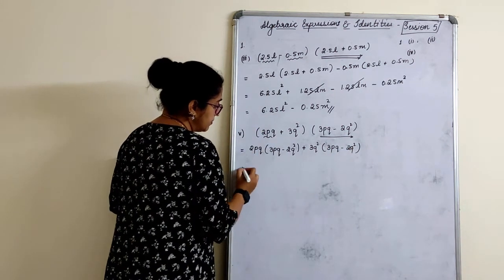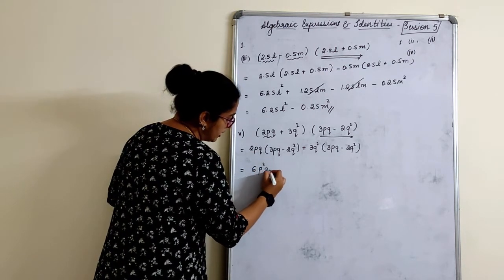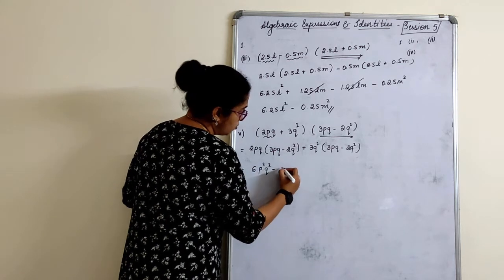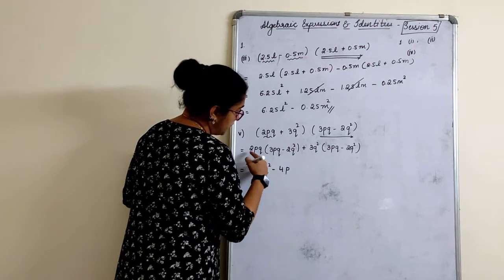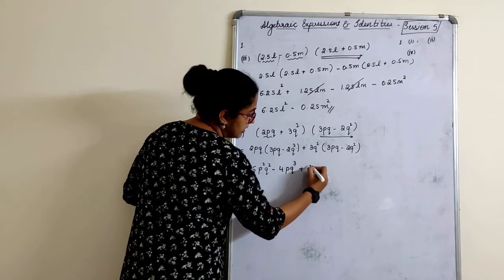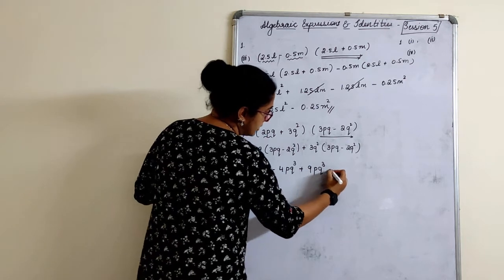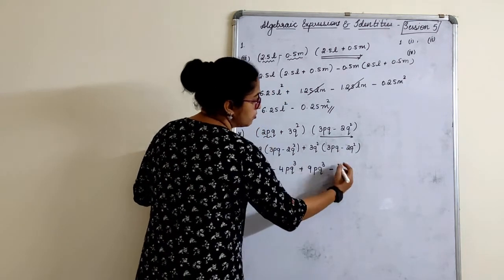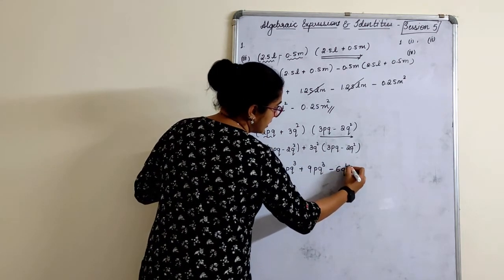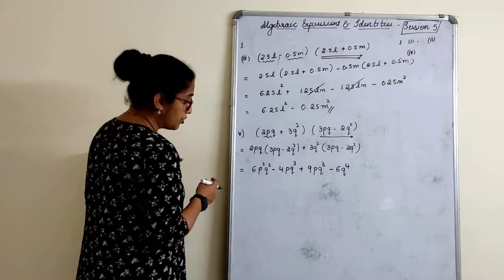So multiply this. 2 3s are 6P square Q square, 2 2s are 4PQ raised to 3, plus 3 3s are 9PQ raised to 3, minus 3 2s are 6Q raised to 4. We just multiplied with the powers that we had.